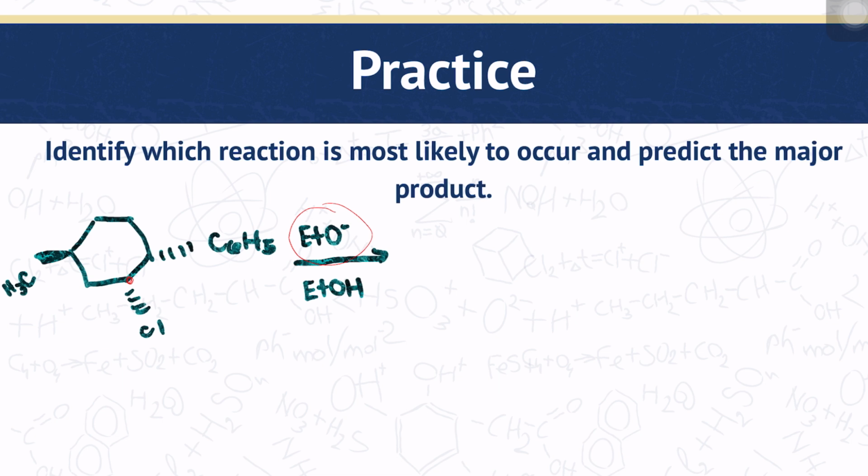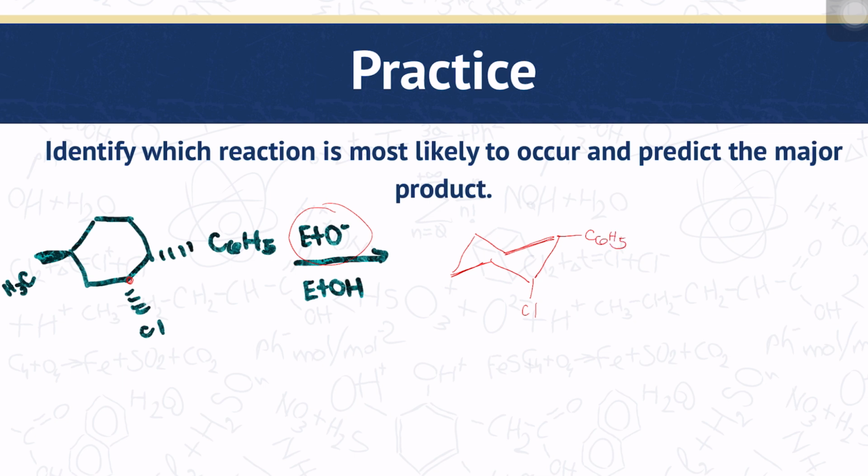So what I usually do here, it's easier to draw it in chair conformation first so that we can easily visualize it. So Cl and the C6H5 are both on the same side, so they're both bottom.